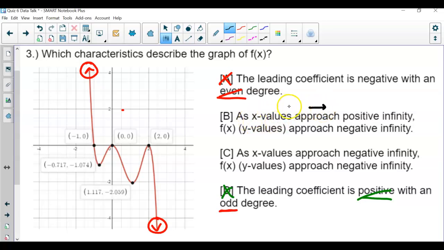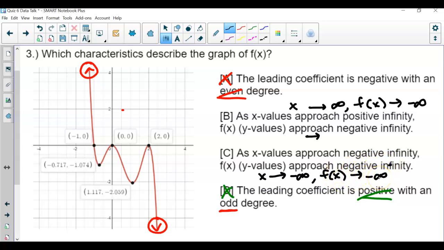So as x approaches positive infinity, f of x approaches, so here's my arrow again, negative infinity. And here, answer choice C, as x approaches negative infinity, f of x approaches negative infinity.